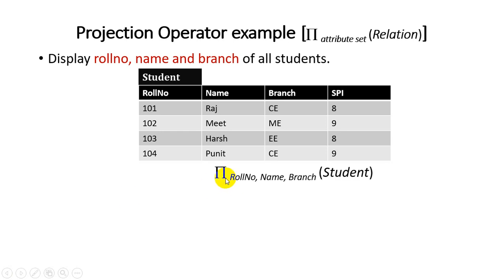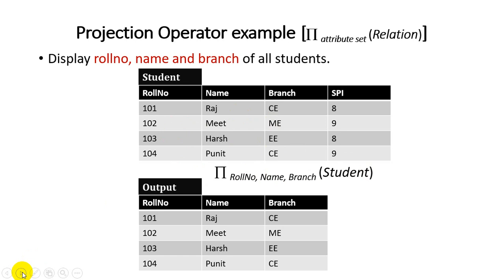In the pi operator, we require only roll number, name and branch. So we mention roll number, name and branch as attributes of the student table. It displays only those attributes which are mentioned with the pi operator.